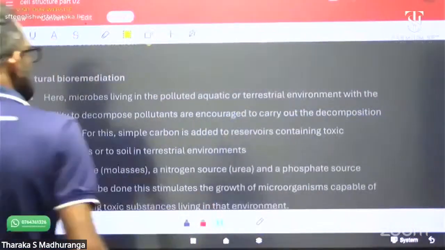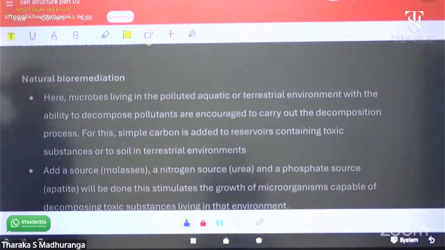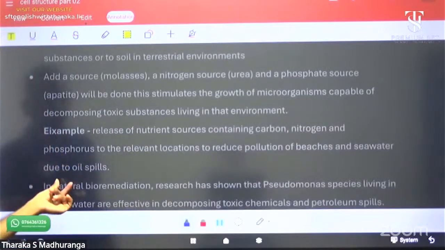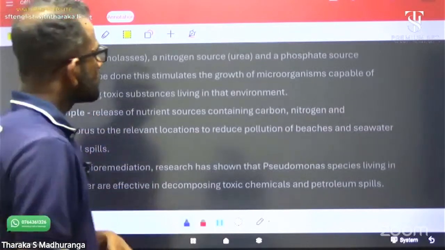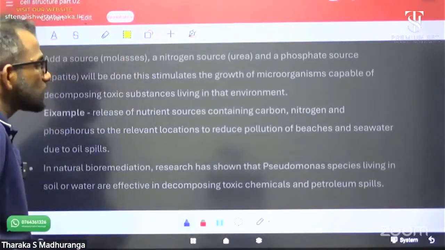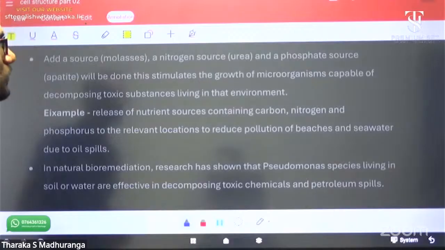For example, release of nutrient sources containing carbon, nitrogen, and phosphorus to the relevant locations to reduce pollution of seawater due to oil spills.